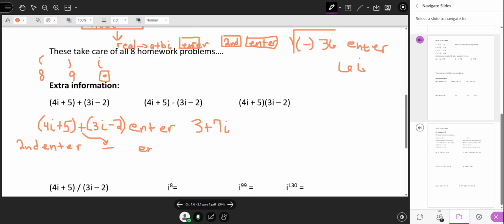Then enter. And it tells you 7 plus i. Then second enter. Change minus to a times sign. Enter.